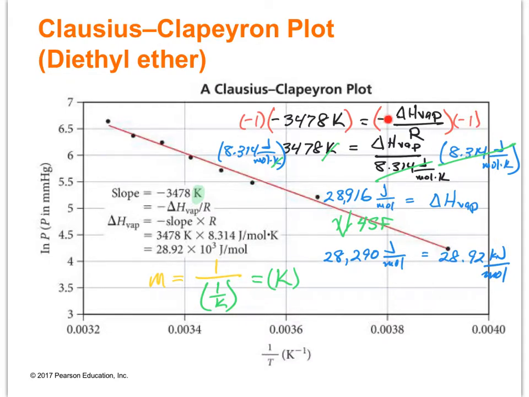That gets rid of that negative term. And so now we have 3,478 Kelvin equals the heat of vaporization over R, and the gas constant R is 8.314 joules per mole Kelvin. Okay, so since that is in the denominator, we have to multiply both sides by that, right?